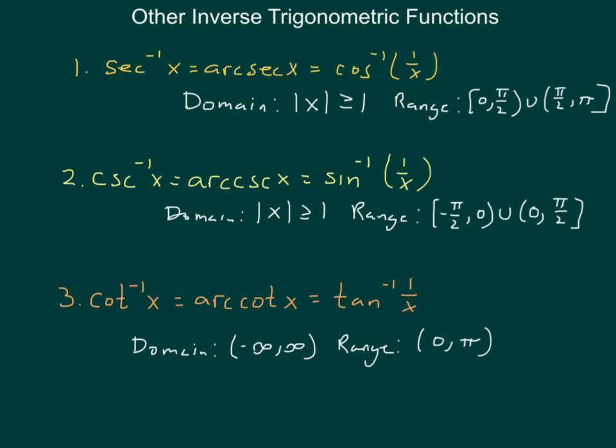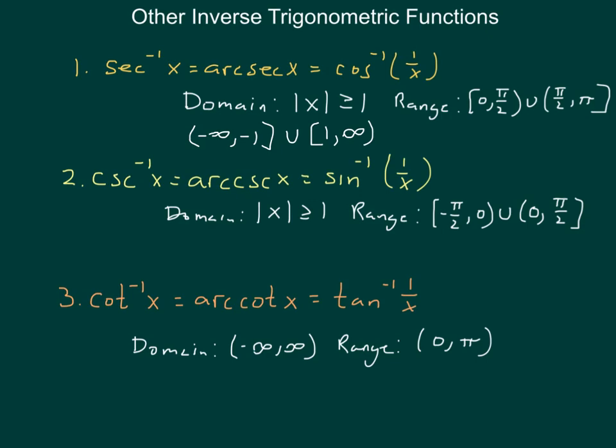For the secant values, the domain is when the absolute value of x is greater than or equal to 1. In interval notation, the domain goes from -infinity to -1, union 1 to infinity.